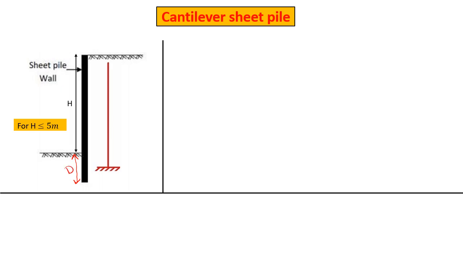You have here what's called the penetration depth, and actually this penetration depth or embedment depth is very important, and that's what provides you with enough passive resistance here on the left hand side. So that's cantilever sheet pile.